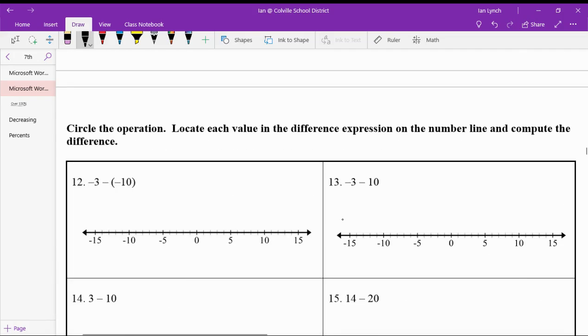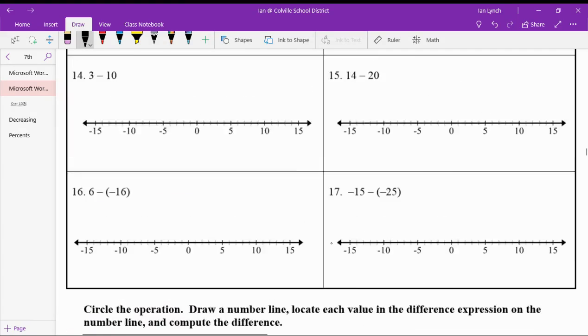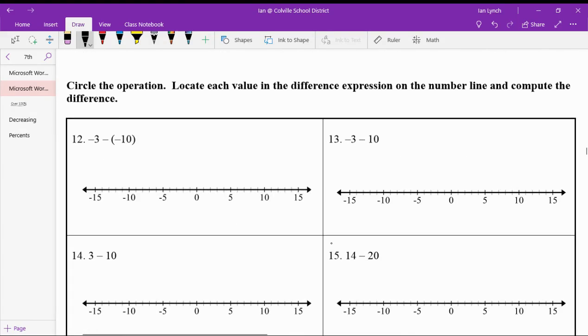Okay, so we're going to circle the operation and locate each value in the difference equation on the number line and compute the difference. So we're going to do it the way that we've been doing it for this lesson. All right, we're going to start at negative 3. So if we start at negative 3, that's right here. Now we're subtracting, which means we are going to be moving to the left.